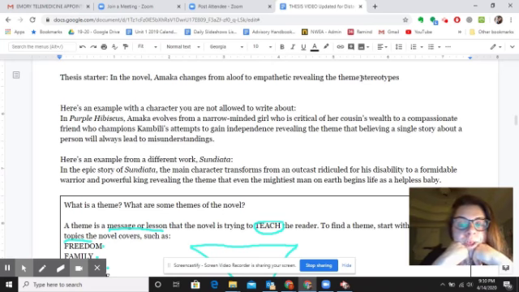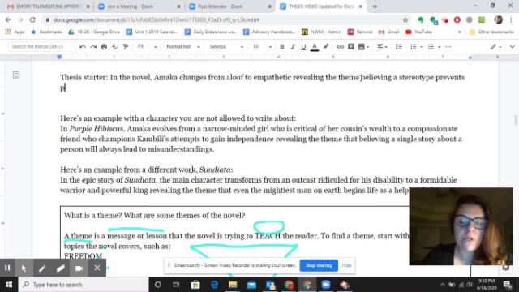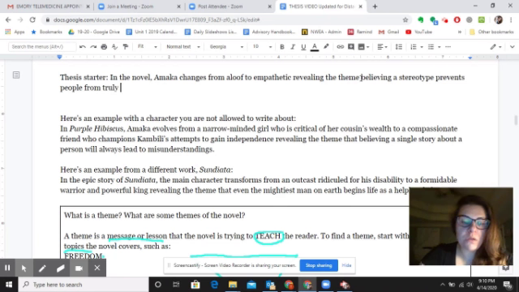Revealing the theme that believing a stereotype prevents people from truly knowing and caring for each other.